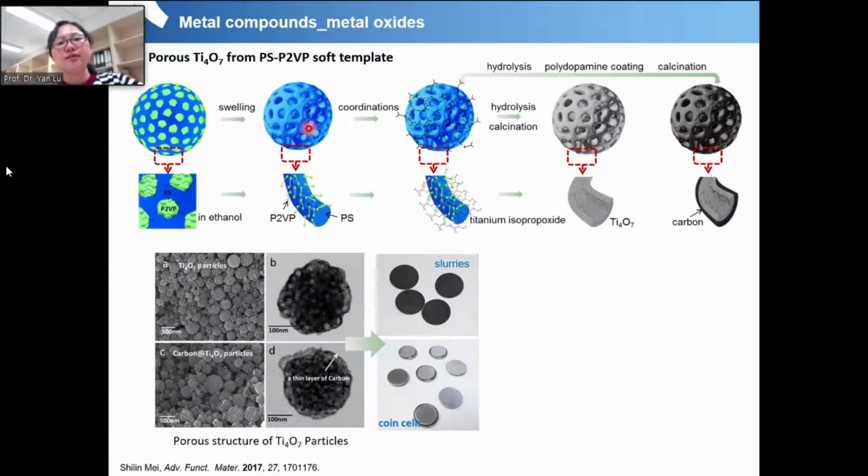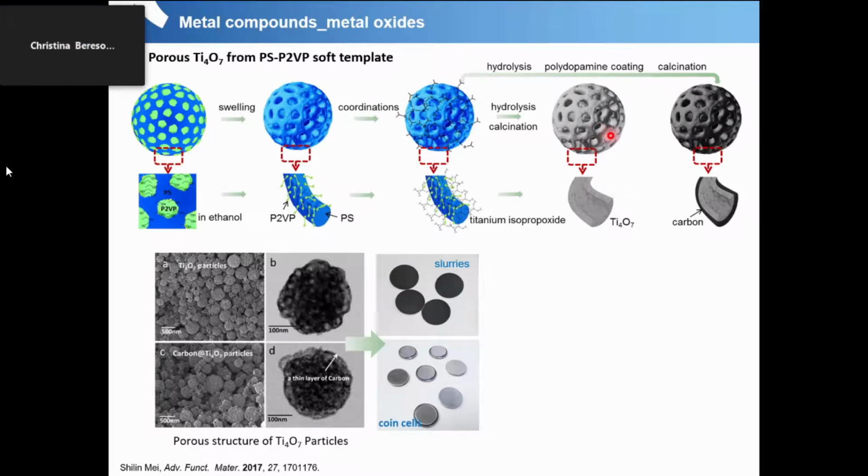Then, due to the special coordination of P2VP with the titanium precursor, we can deposit titanium dioxide first onto the porous particle. Then we do the calcination to generate this titanium suboxide in the system.